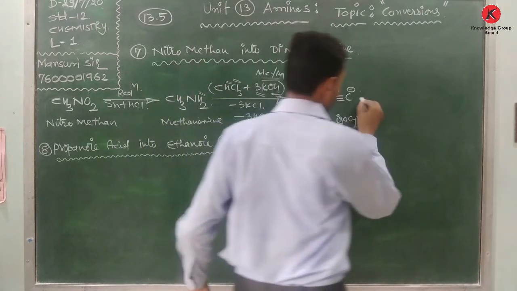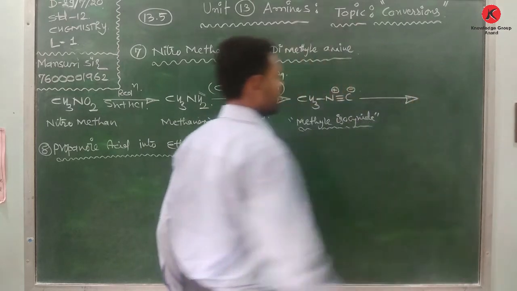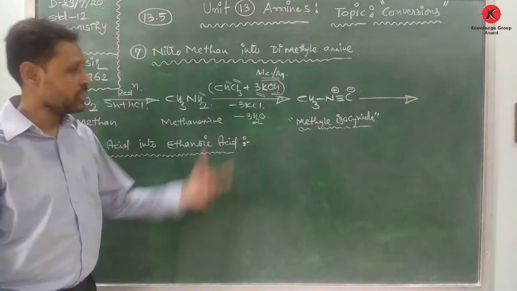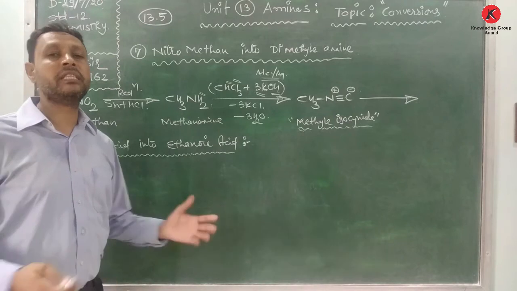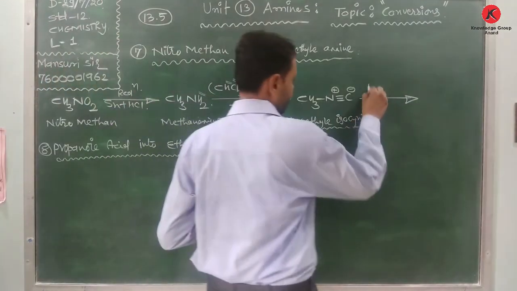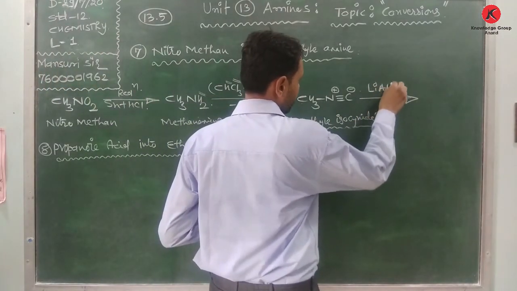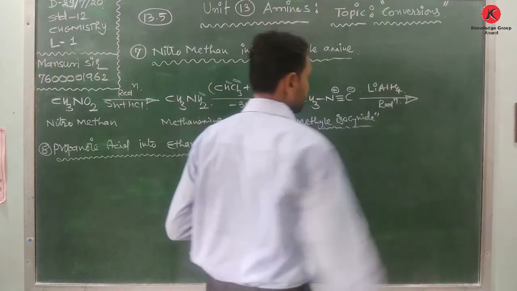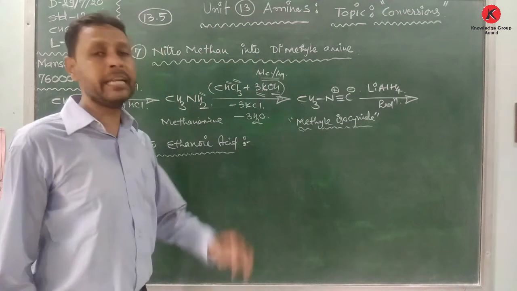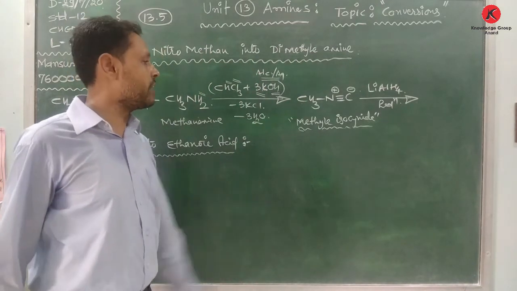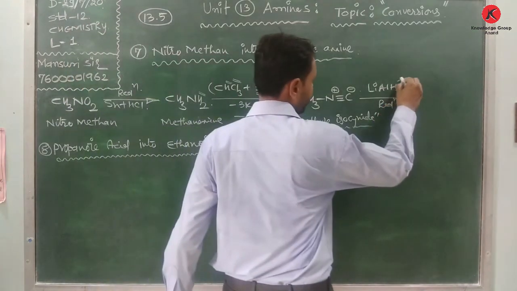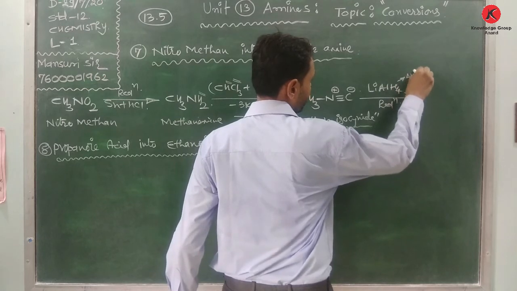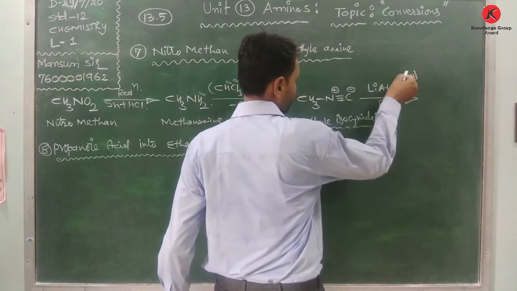Now methyl isocyanide is formed. Thereafter a reaction with lithium aluminum hydride, which is a highly reducing agent. Now this substance gives 4 hydrogen.